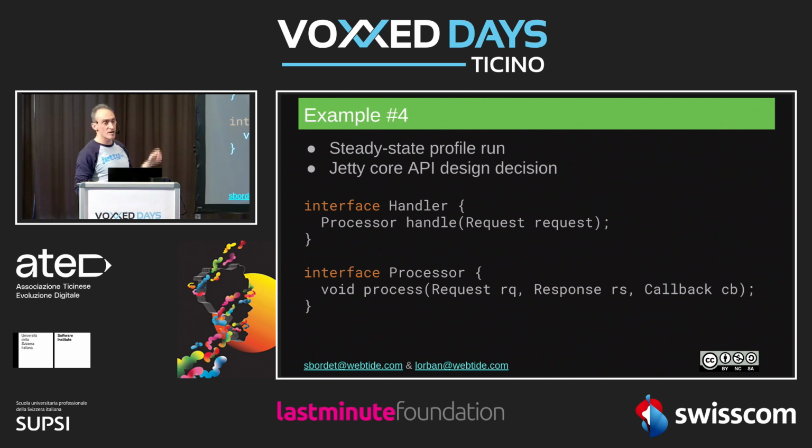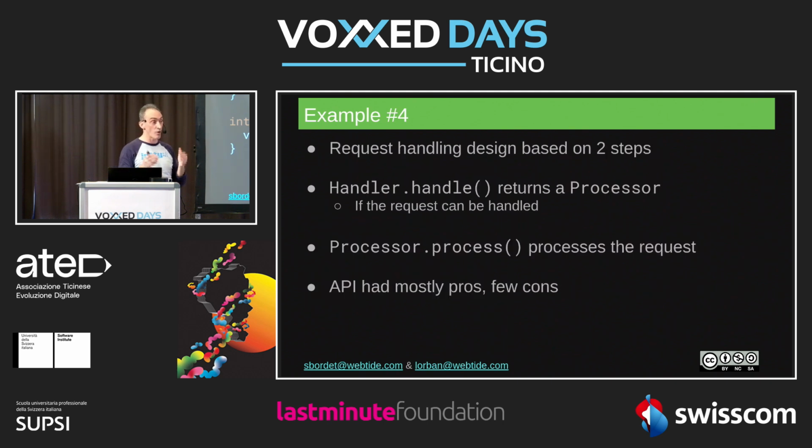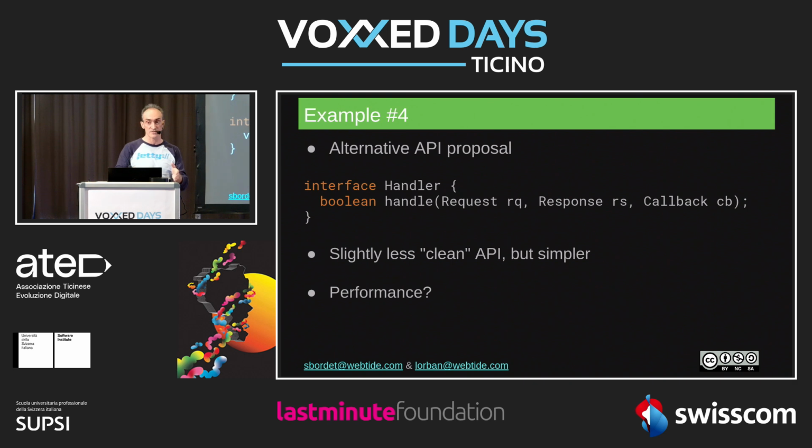This split of the API was very nice because it was very clean. It was saying, until you tell me that you can handle the request, I will not give you the response, which is mutable, okay? I will only give you a read-only request, which you can inspect, figure out if this request is for you, and if it is for you, give me back a processor, okay? Very clean API.